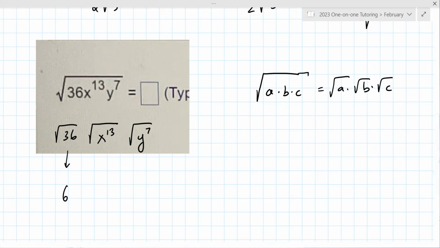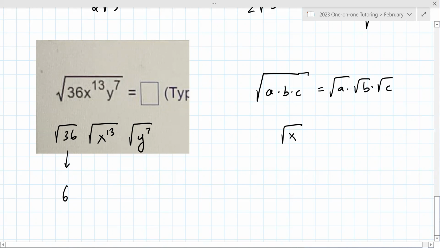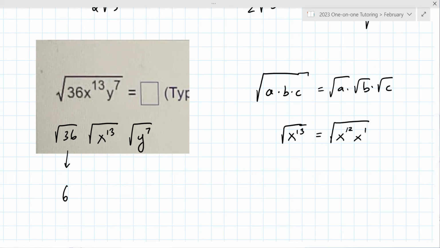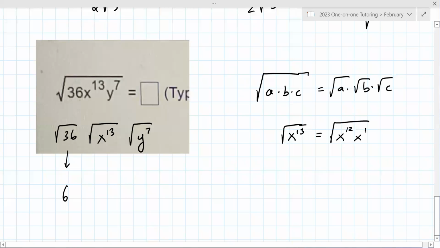So again, there's a couple of ways to do this next part. The square root of x to the 13th. One way is kind of like we did in the previous problem where we make it 12 and 1 like this. That's a good way to do it. But then you have to know how to break apart square root of x to the 12th.